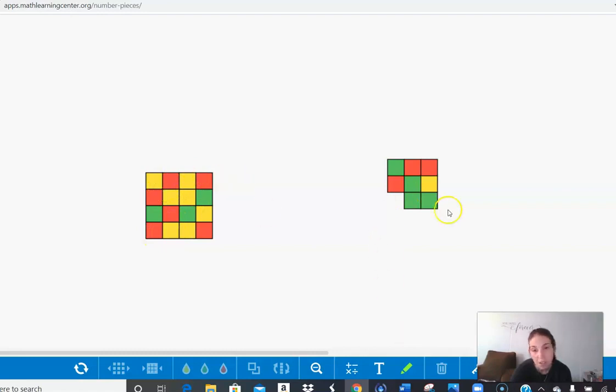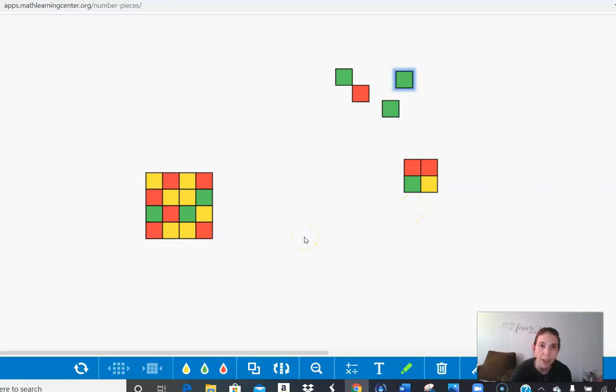Okay? So the way to make this guy over here a square, what would we do? We could do a square that's 2 rows and 2 columns. That's a square. Same number across, same number down.